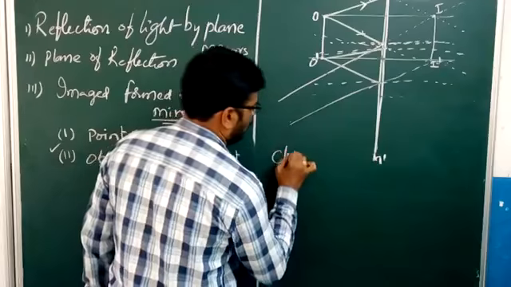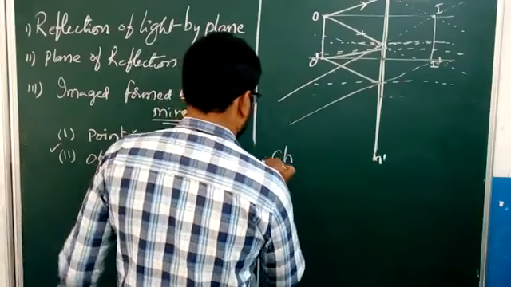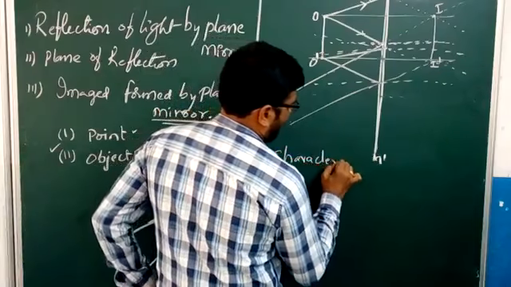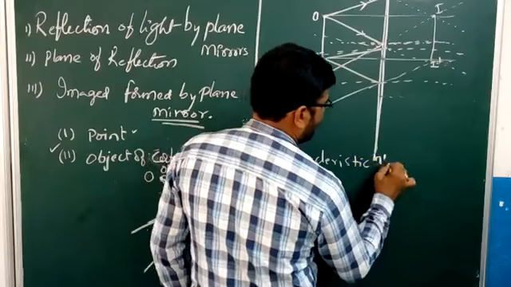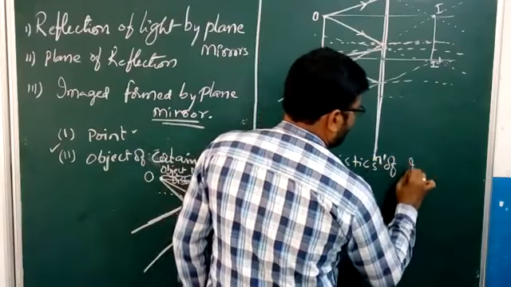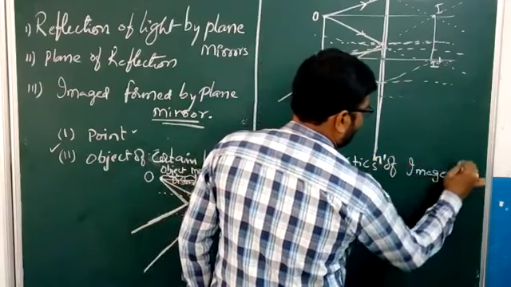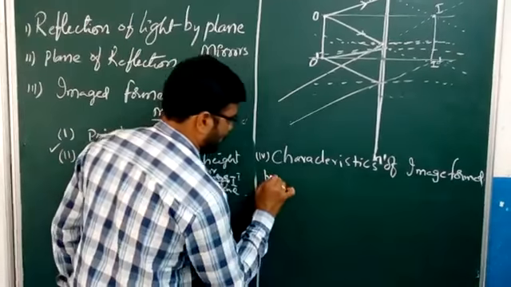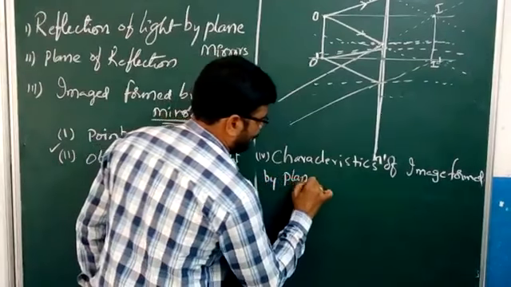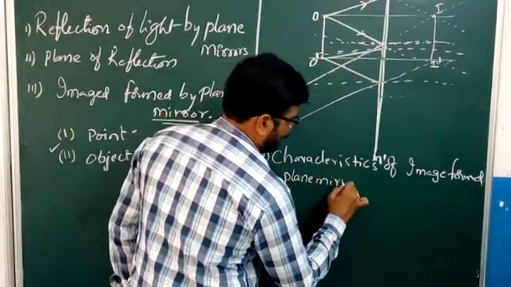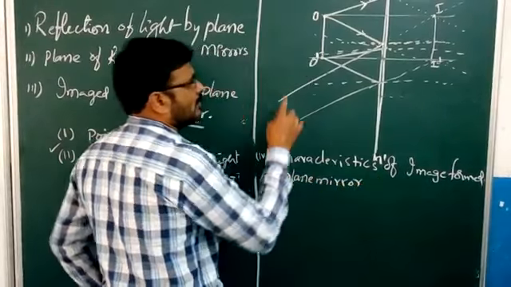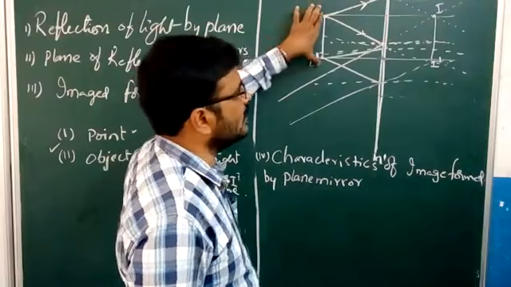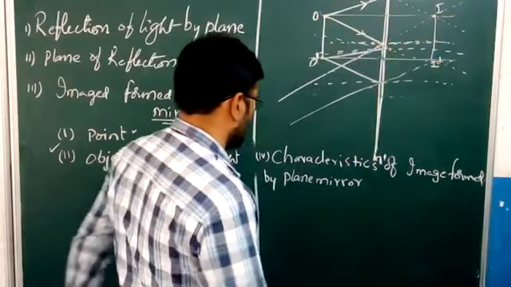Okay. Coming to the next one, the fourth one, characteristics of image formed by plane mirror. What are the characteristics? If you are taking an object of a height, an image of the same height is formed.